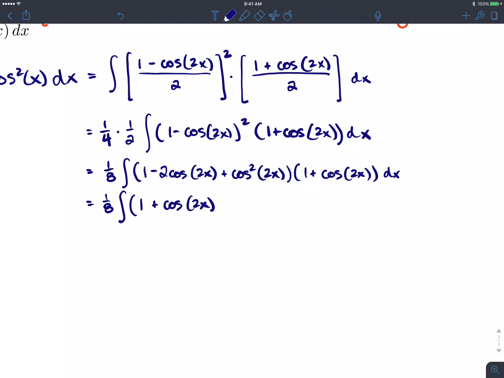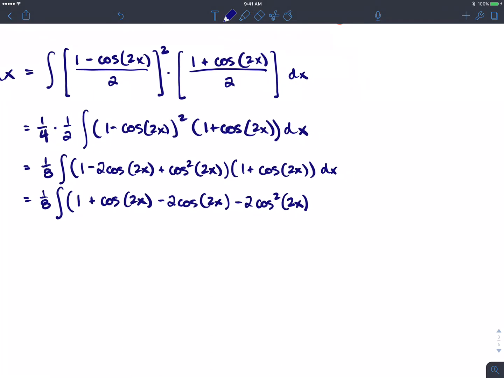If we distribute the negative 2 cosine 2x, we're going to have negative 2 cosine 2x, minus, and if we multiply it by cosine 2x, we're going to have minus 2 cosine squared 2x. And then if we distribute the cosine squared, we're going to get plus cosine squared 2x times 1, and then plus cosine cubed 2x, and then we're finally done with that, so that's dx.